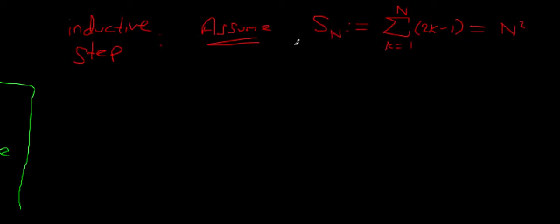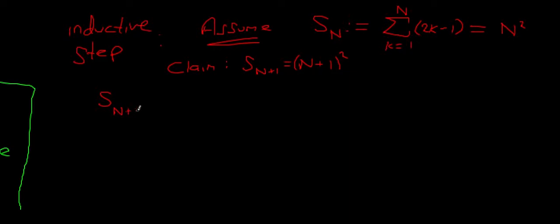And we want to show, so the claim is that Sn plus 1 is equal to n plus 1 squared. So let's have a look at what we can do with this.